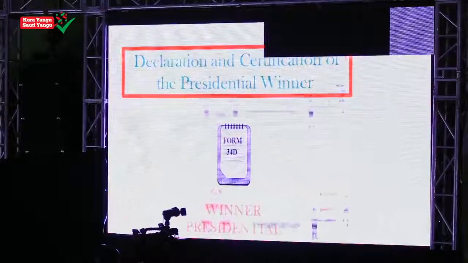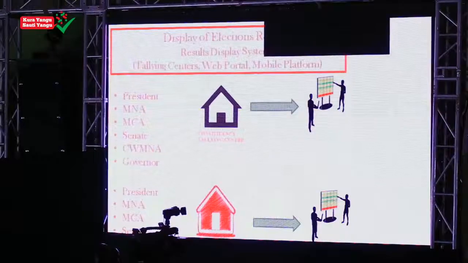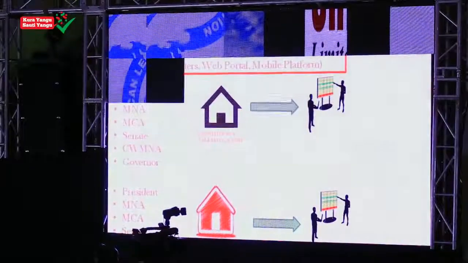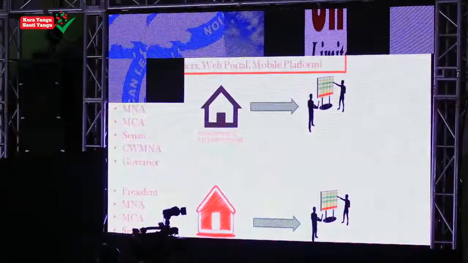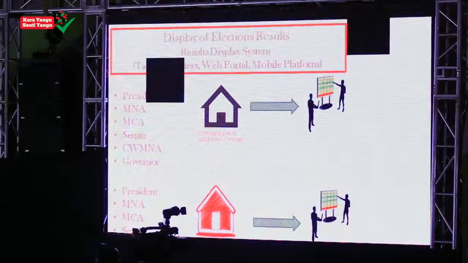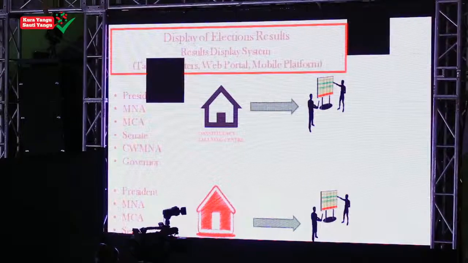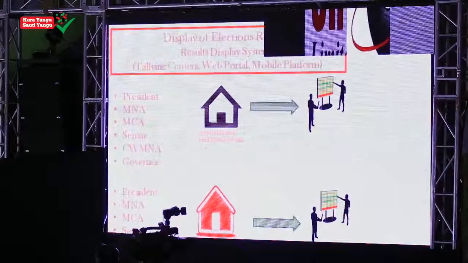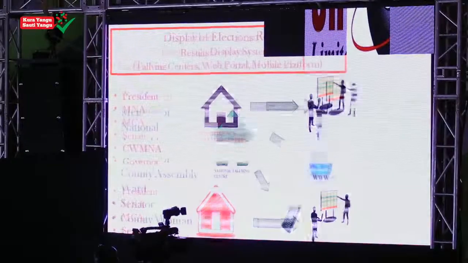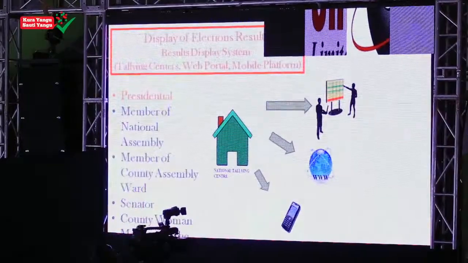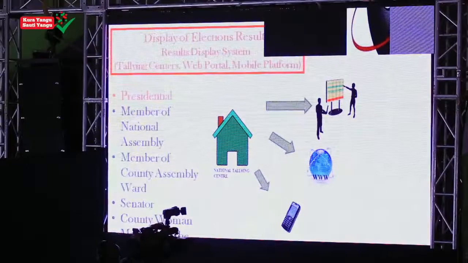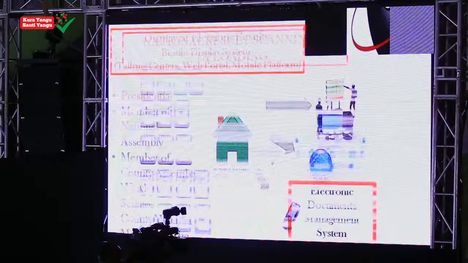Next slide. As you will see in terms of display of the results, the results will be displayed differently, will be displayed at the county, constituency, and the national. Next slide. The presidential results will be displayed at the National Tallying Center, like I've said.